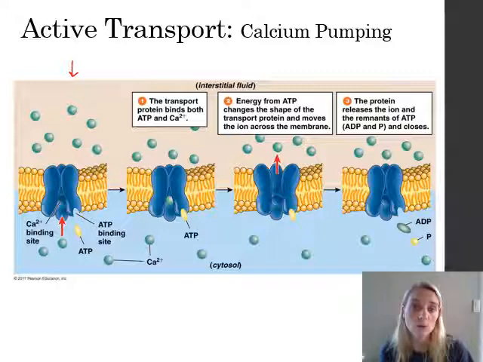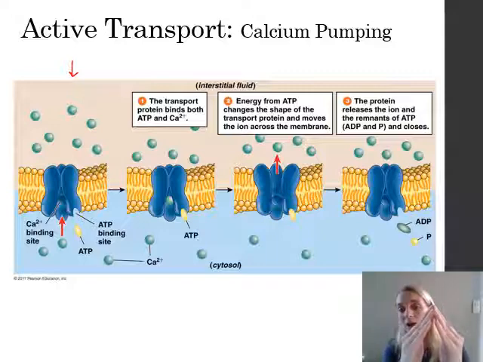Here we use a cellular energy molecule called ATP. We'll be learning more about that a few chapters later. So ATP is used. It's kind of like that Pac-Man, right? But instead of being a carrier protein moving down the concentration gradient, we're going to be binding ATP and the calcium on the inner surface here.